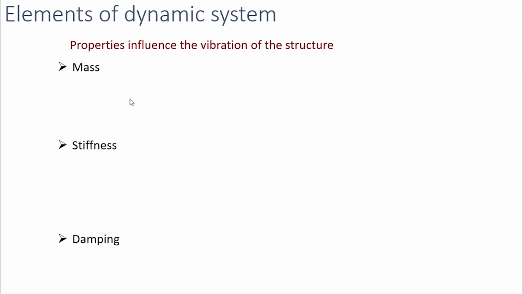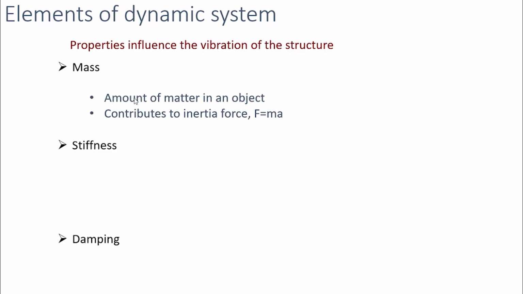In the previous discussion, we have seen that mass will play a very important role in dynamic systems because it contributes to the inertia force. There will be an unbalanced force acting in the structure, which will lead to an inertia force equal to mass times acceleration of the structure. So we have to consider the mass of the structure in the dynamic analysis.